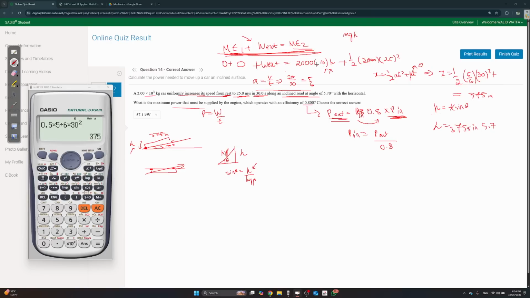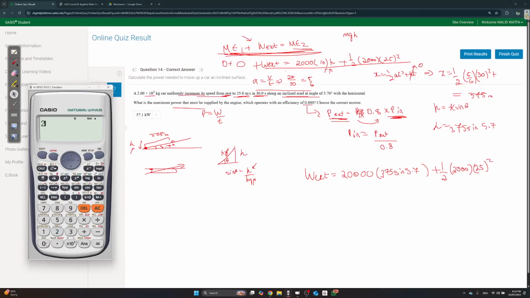So now we can plug everything back in. W external will be equal to 20,000, because 2000 times 10, I just multiplied it and made it 20,000, times 375 sine 5.7 plus half into 2000 times 25 squared. Okay, let's do it.